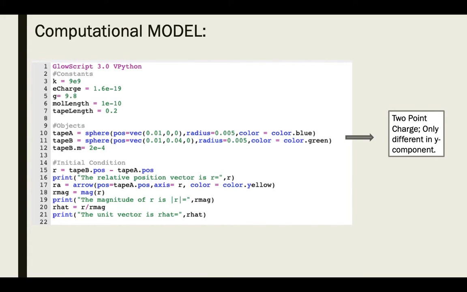Here's my computational model. First, I give the constants, and then I treat tape A and tape B as two point charges, and the only difference in their position is in the Y component. And then I build the initial condition for the R. R is equal to the system position minus the surrounding position.